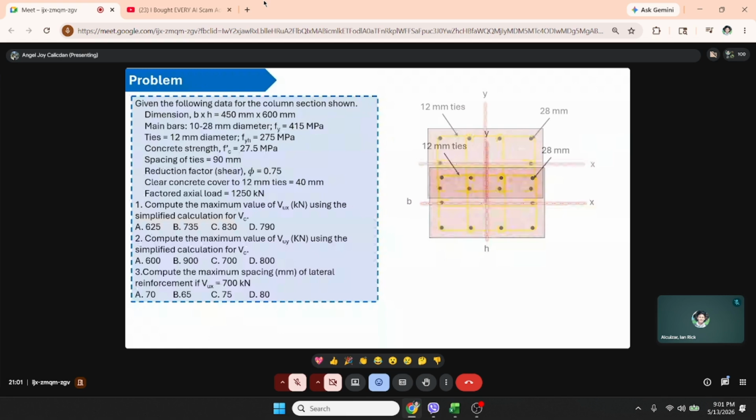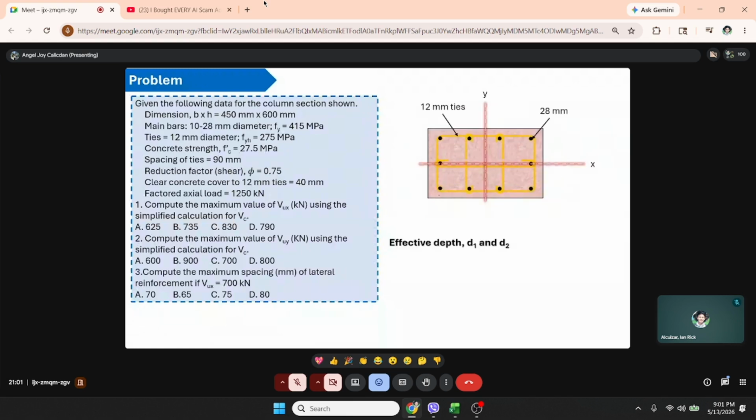But first, let's solve for the effective depths, d1 and d2. There are two, because if you look along X, you have one d, and if you rotate your head, you have another effective depth.